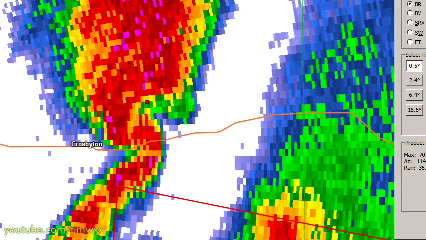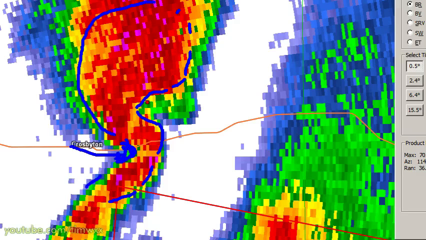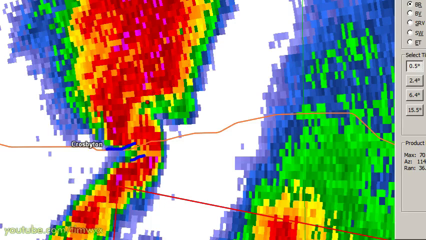So going back earlier, there's that structure. It's got that kidney bean shape, and you can see that notch on the back side of the RFD. It's that rear flank downdraft coming in. Probably some pretty good winds out in this area here.